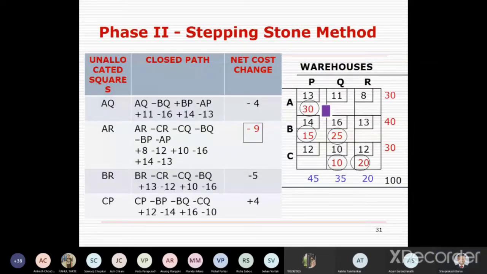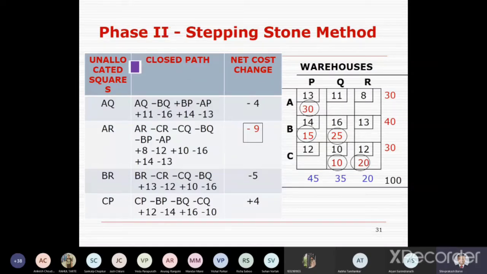But AQ is called an unallocated cell, because no units are shifted at AQ, or at cell AR. BR is an unallocated cell. CP is an unallocated cell. We want to check whether there is any chance to shift some units from an allocated cell to an unallocated cell so that we can reduce the transportation cost.